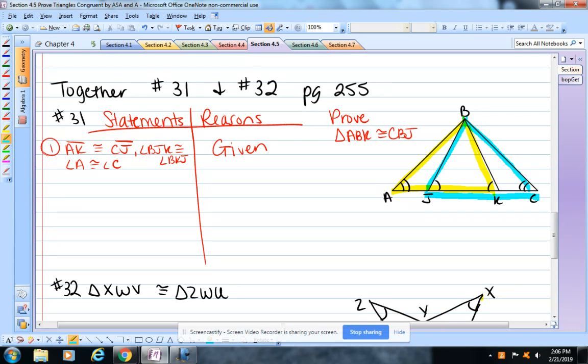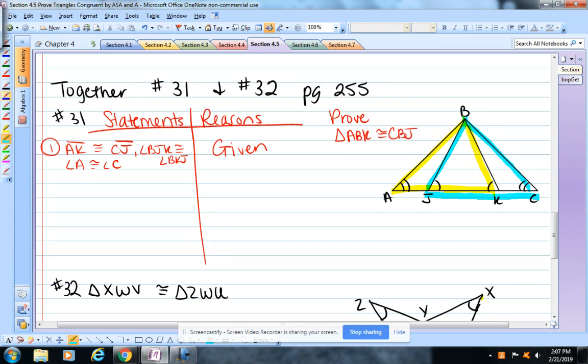Angles BJK and BKJ are marked congruent. They did not mark, however, that AK is congruent to CJ, is it? AK is my yellow line, right? And CJ is my blue line, right?